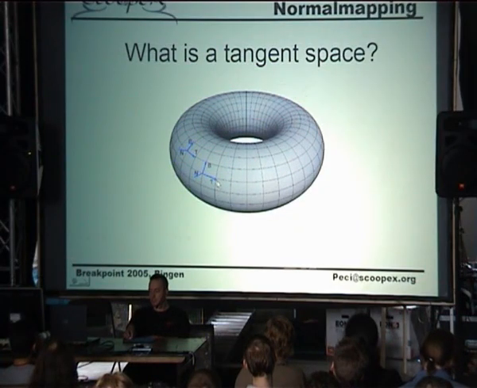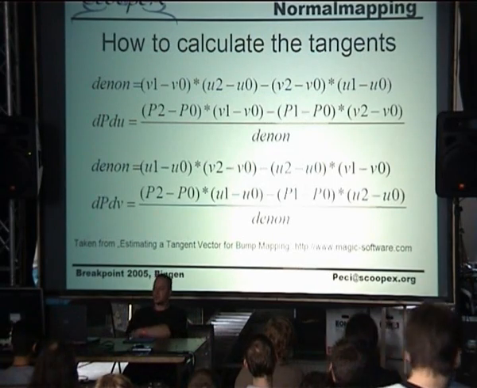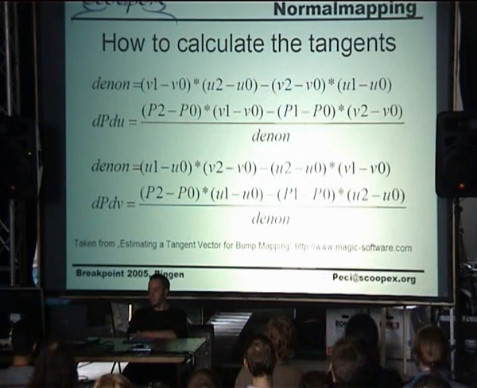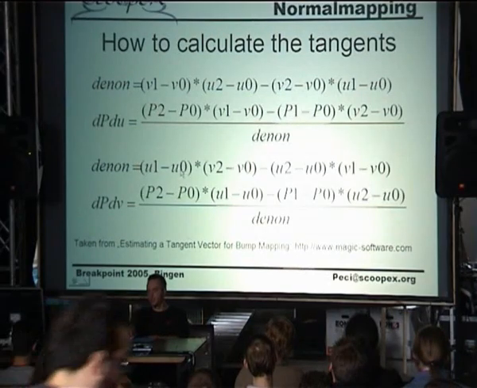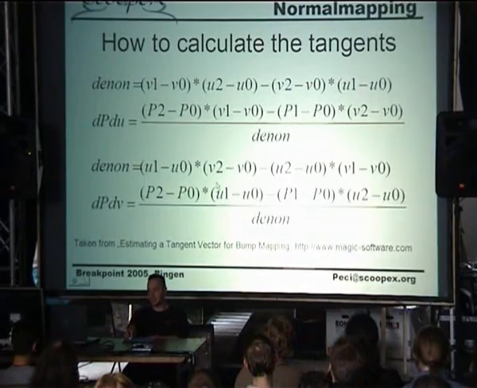The second vector is called the tangent, which is basically the U direction in 3D space, and the binormal is the V direction in 3D space. Well, this is how you would calculate that. I don't want to go into detail here. You can download the slides and the video, and you can also derive it by hand if you want.